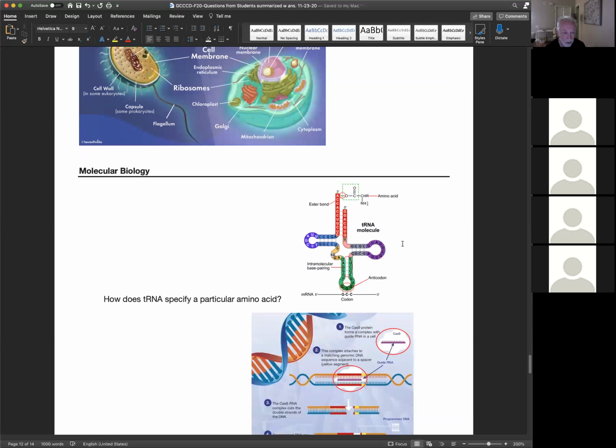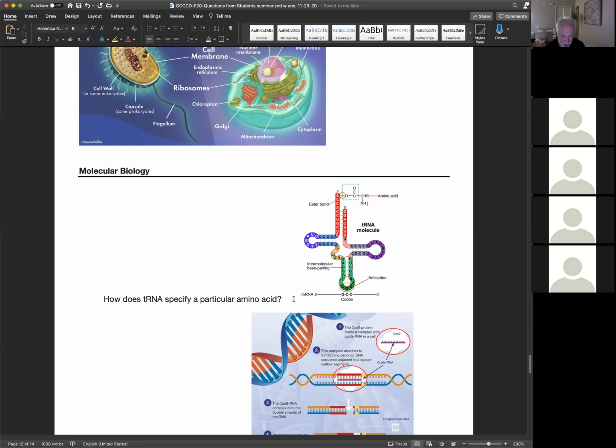Somebody asked a question about how does tRNA work? And so I've put in a picture here of a tRNA molecule. How does it work? On one end of the molecule, this green end down here is what's called the anticodon. And on the other end of the molecule, the red part is what's called the receptor end. That's where an amino acid is attached to this tRNA molecule.